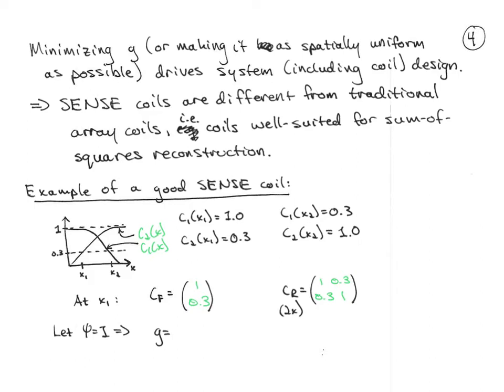That gives us a G factor of the square root of C_f transpose times C_f times C_r transpose C_r inverse, with no noise correlation matrix in there since it's identity. Sorry, not jj; we want it to be 1,1. This is at spatial location x1.